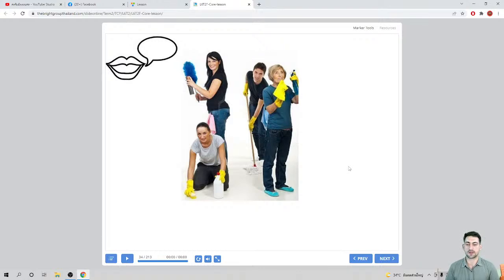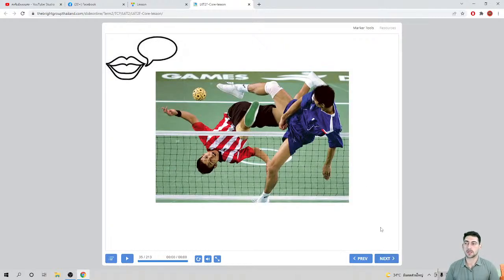We have chores. Good job. Number 7, this type of volleyball with the legs, it's called kick volleyball.